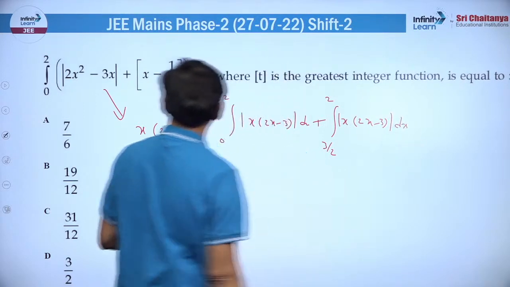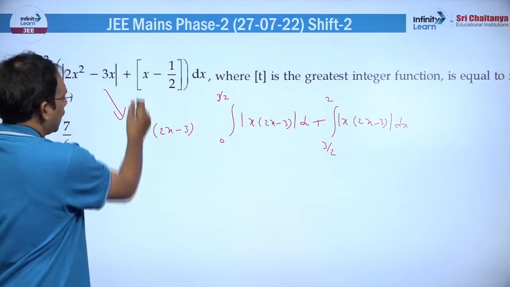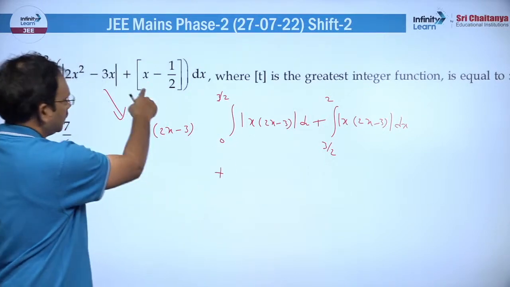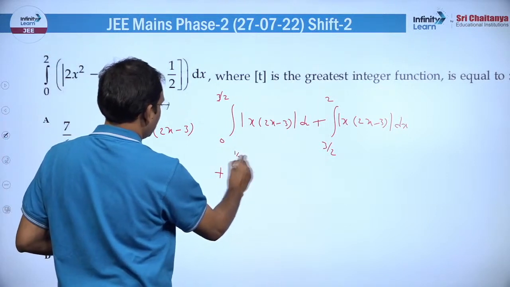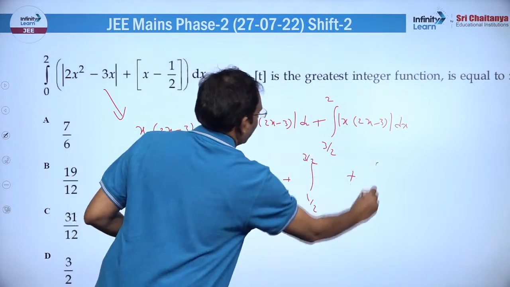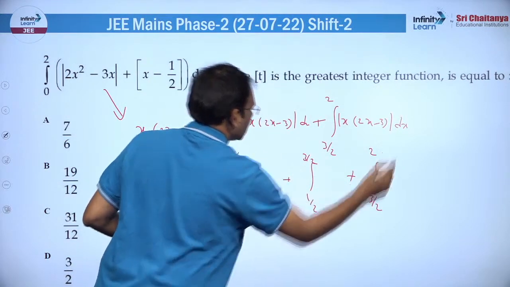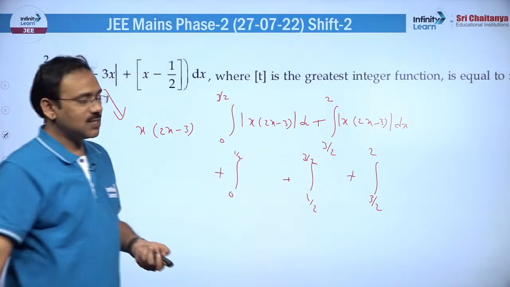You need to break this here, and you can split this as 0 to 1 by 2 plus 1 by 2 to 3 by 2 plus 3 by 2 to 2. So here, my dear friends, the modulus between 0 to 3 by 2 is negative.